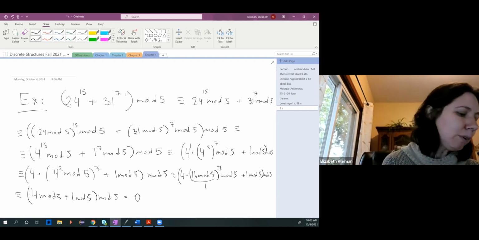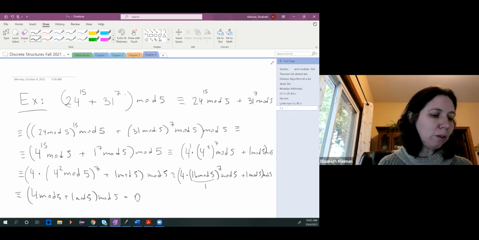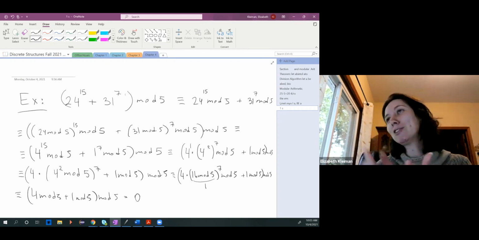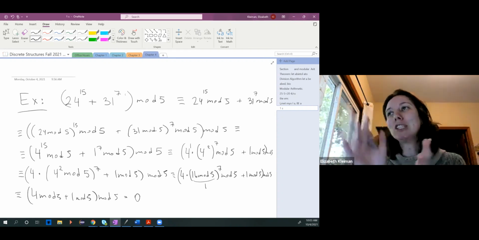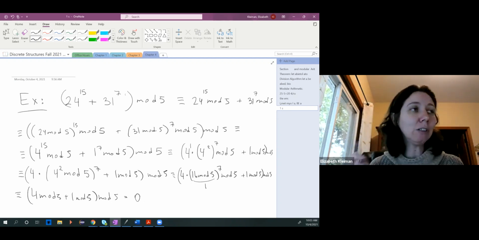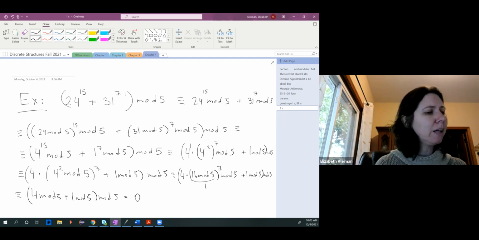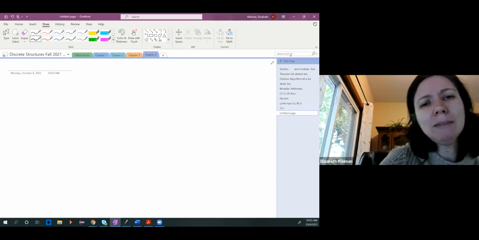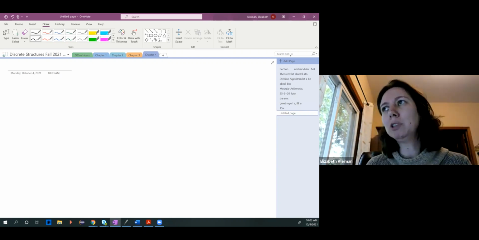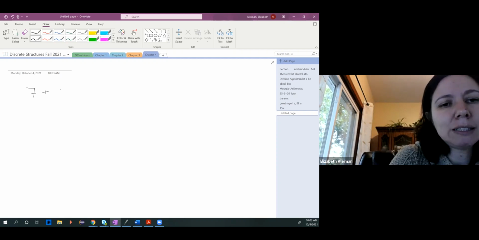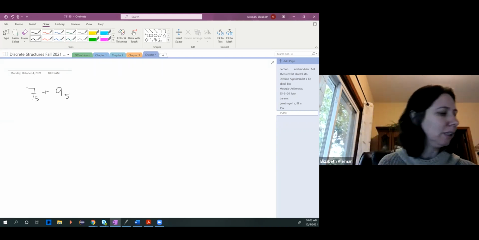So the good thing about modular arithmetic is you're always going to stay within small numbers. You're going to make your large numbers smaller. You're always going to end up between 0 and m, 0 inclusive, m exclusive. Now, sometimes instead of writing mod 5, mod 5, mod 5 so many times, we might write something like 7 plus 9, and put the mod 5 out here, which means mod 5.